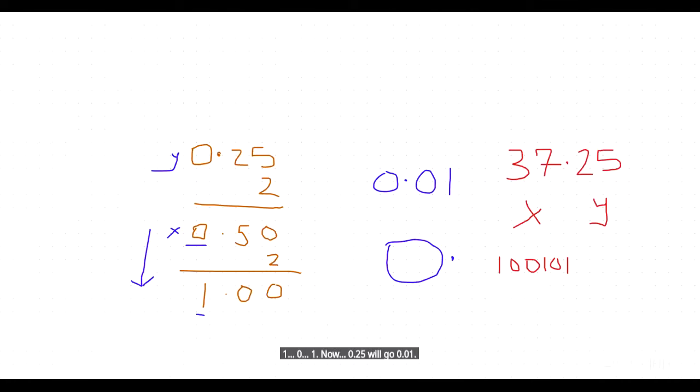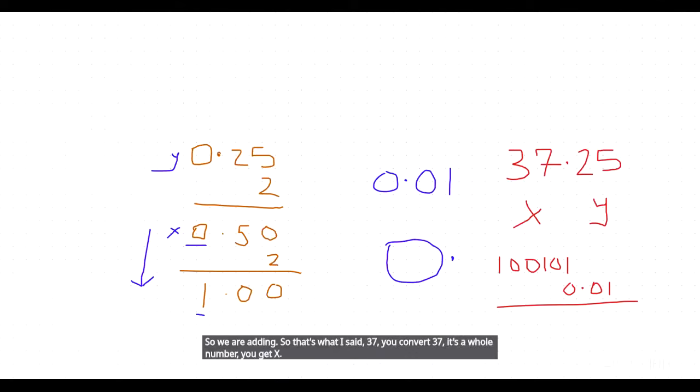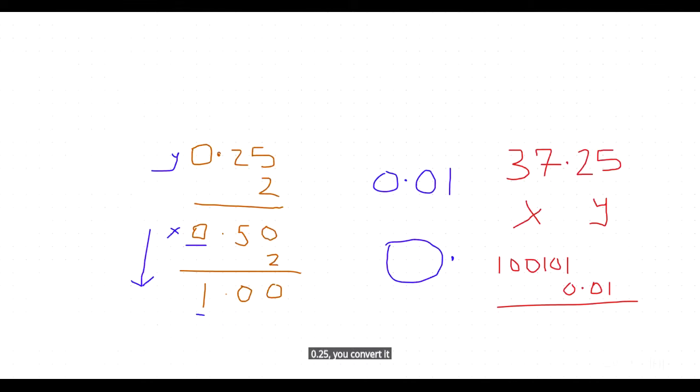See it here, see how I'm adding. So we are adding. That's what I said: you convert 37, it's a whole number, and you get X. You convert 0.25 and you get Y. You now add X and Y. It's a straightforward addition: 1, 0, 0, 1, 0, 1 and 0.01.